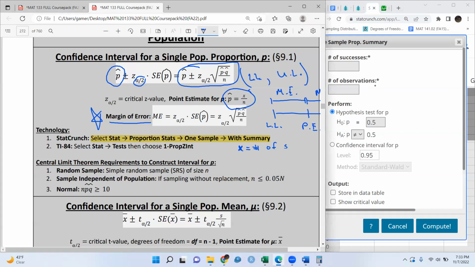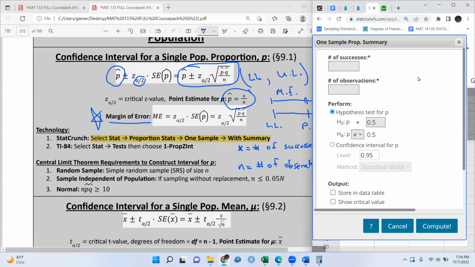That's how we defined x, so that shouldn't be anything new. But I don't know that we've called n the number of observations. That's kind of new language. So if you think you're going to forget that x and n are the things being asked for in the confidence interval, this is a good place to write this.